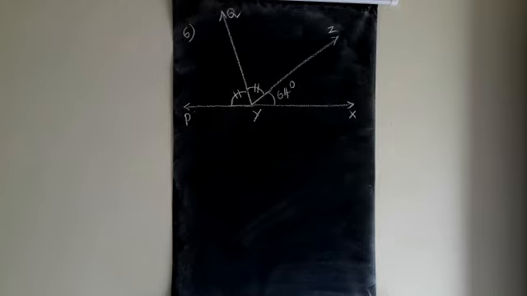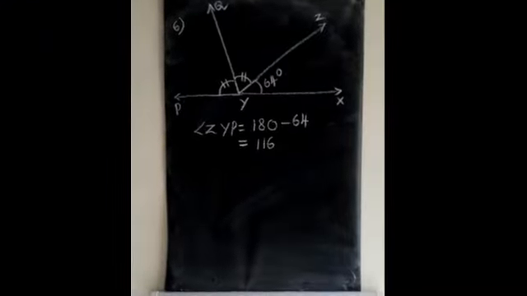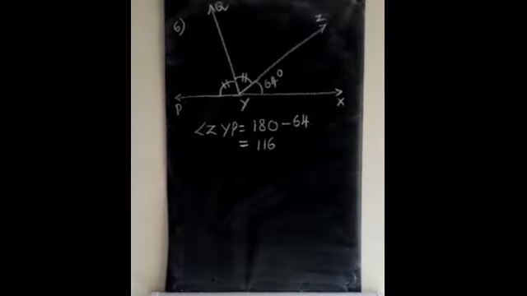Okay. So what will be the angle ZYP? Angle ZYP, what is that? 180 minus 64. Isn't it? So angle ZYP is equal to 180 minus 64, which is equal to 116. Okay, but we know that the ray YQ bisects angle ZYP.